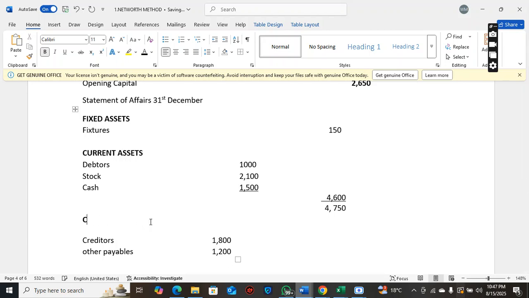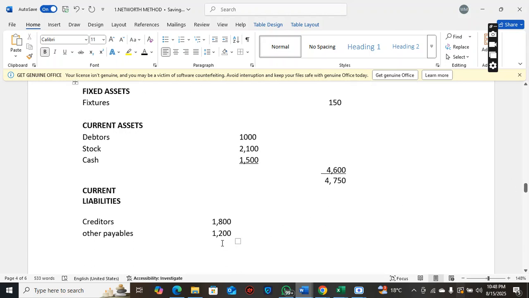Then you get your total current liabilities. 1,800 plus 1,200, you get 3,000. So capital is assets minus liabilities.